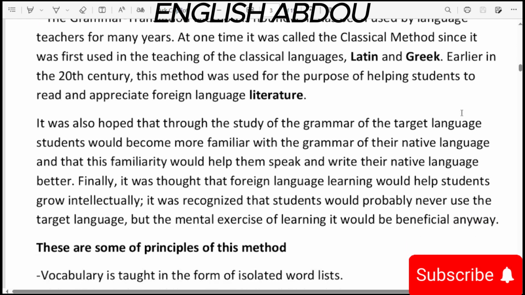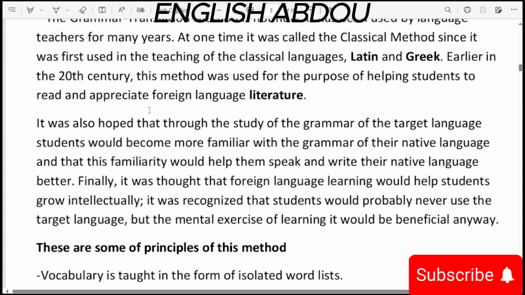It was also hoped that through the study of the grammar of the target language, students would become more familiar with the grammar of their native language, and that this familiarity would help them speak and write their native language better.